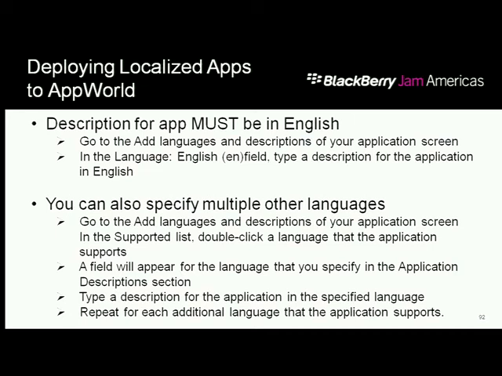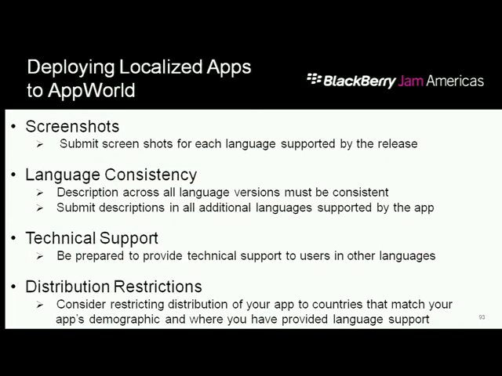I just have the simple instruction here, but if you go to the BlackBerry App World main page, they'll have a full instruction on how to deploy a multilingual application to the App World. It's very easy to follow, but something to remember is the main description of the applications must be in English. And here are a few other things.